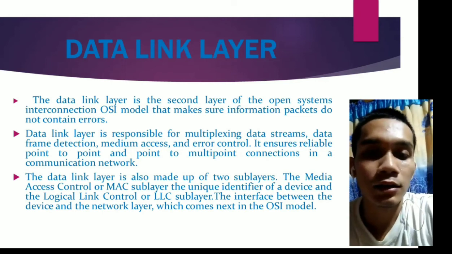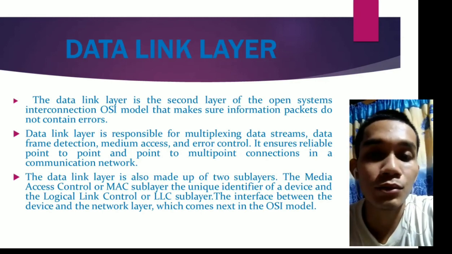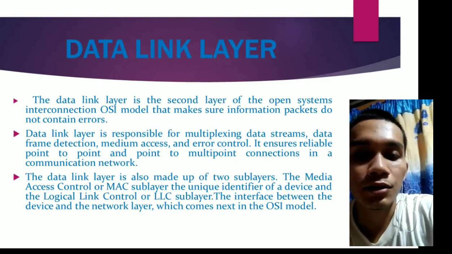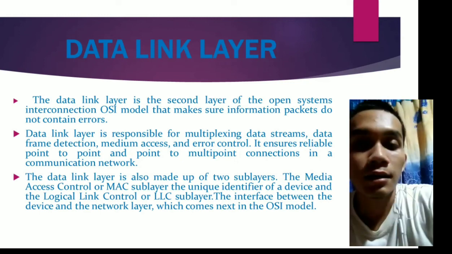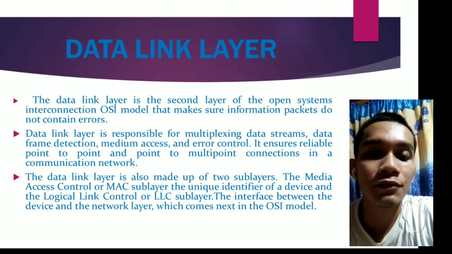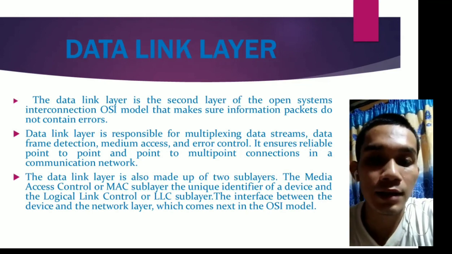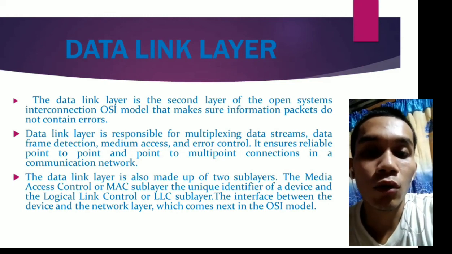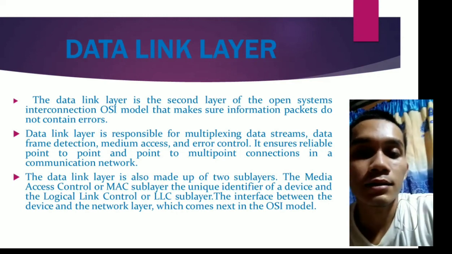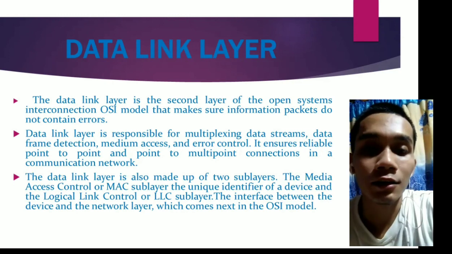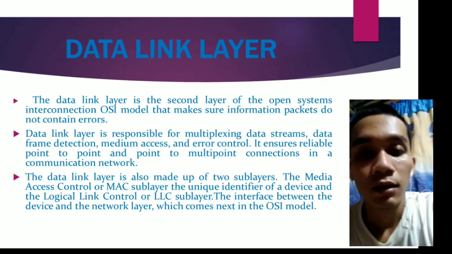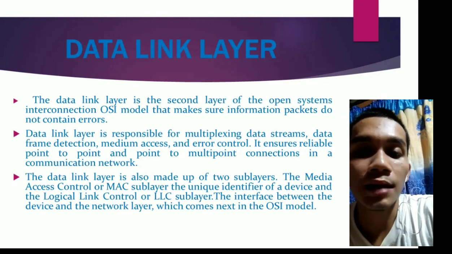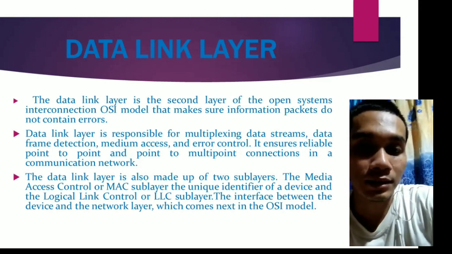The data link layer is also made up of two sub-layers. The first one is Media Access Control or MAC, the sub-layer that identifies the device, and the second one is Logical Link Control or LLC, the sub-layer that is the interface between the device and the network layer, which comes next in the OSI model. So that is the data link layer.